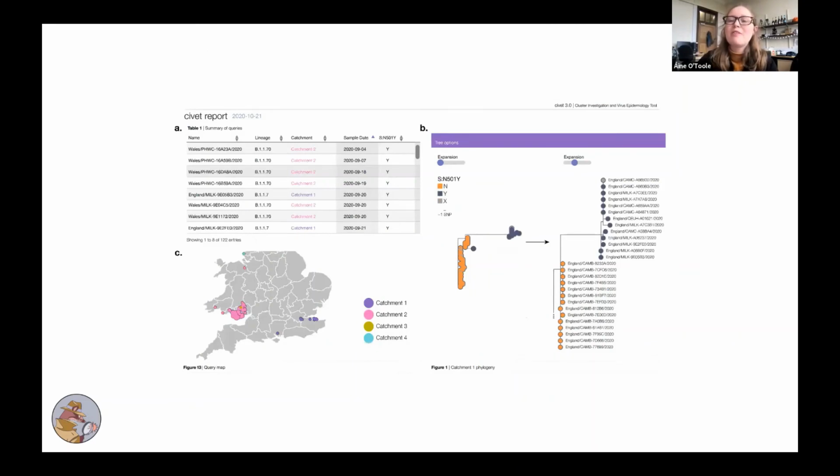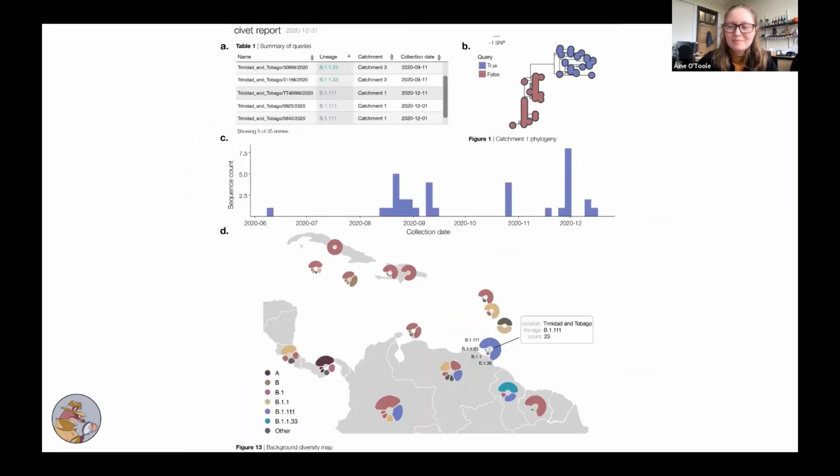You can also have plots that show the spatial or geographical information about how the different sequences fall on a map. You can expand and collapse bits of the tree that look relevant. You can add in your own query mutation that you're interested in and see how that falls on the tree as well.